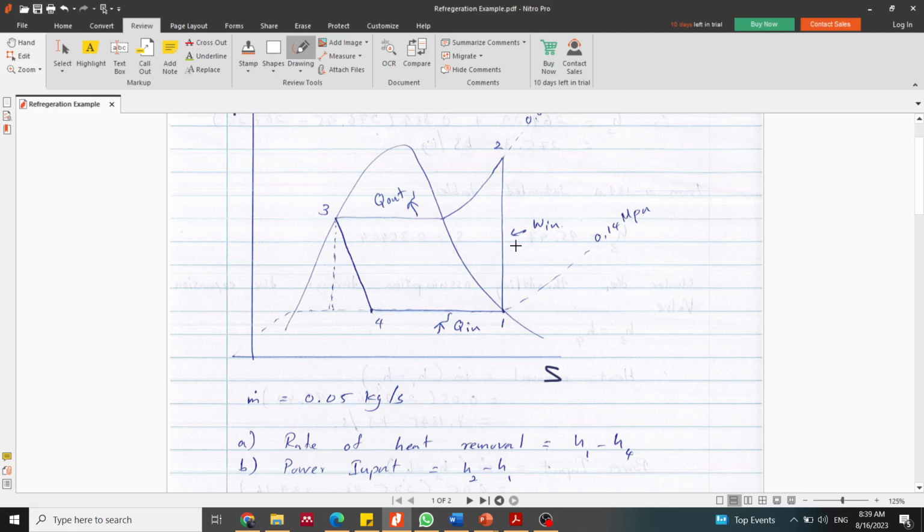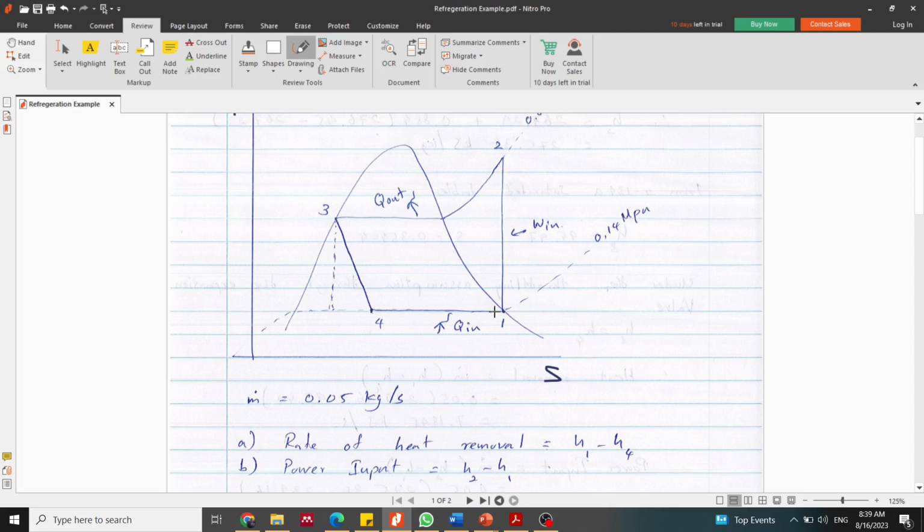We have the compressor, we supply electricity, which is converted into mechanical power, therefore work in is here. So the power input is H2 minus H1. These are the two quantities we need to calculate. If we can find H1, H2 and H4, we can answer parts A and B. So we know the pressure, right?